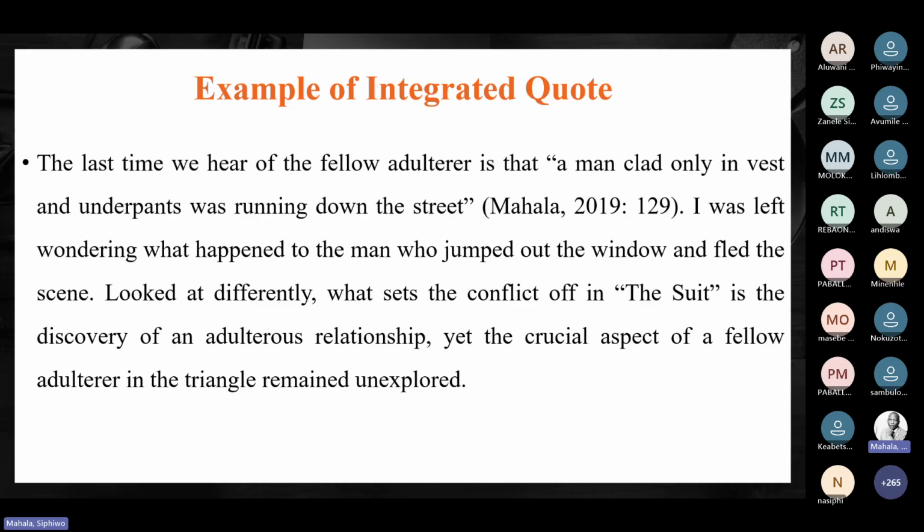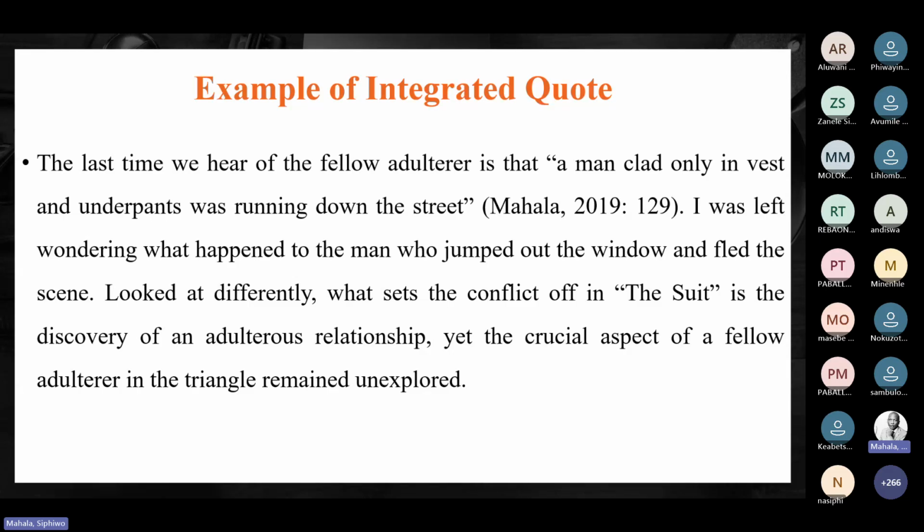And I say, I was left wondering what happened to the man who jumped out the window and fled the scene. Looked at differently, what sets the conflict off in The Suit is the discovery of an adulterous relationship. Yet the crucial aspect of a fellow adulterer in this triangle remained unexplored. So this is how The Suit continued comes about.